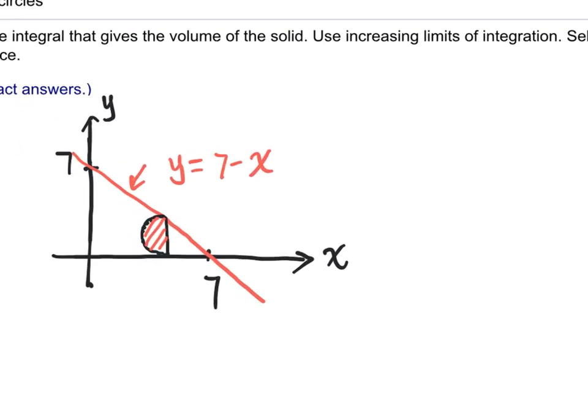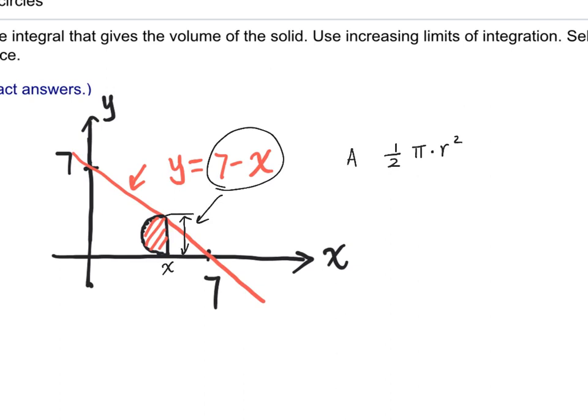In this case, to find the cross-sectional area, which is the semicircle, we are going to do this: pi times the radius squared, and because it's a semicircle, we need to divide by 2. The diameter is 7 minus x, right? When this is x, this diameter is 7 minus x.